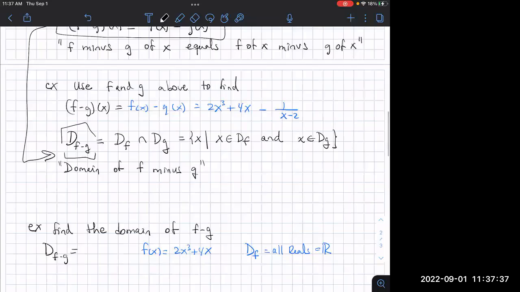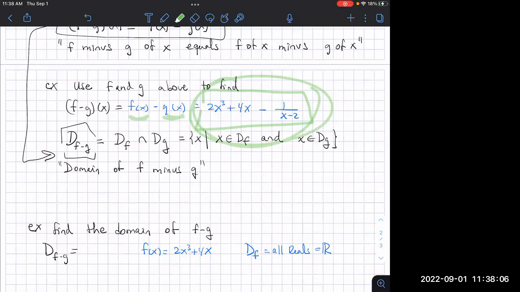So the domain of F minus G in the example is equivalent to saying, what is the domain of this function, right? Because this is the F minus G function. But instead of looking at this as a function by itself, the other way of looking at it is by saying, what's the relation, since this function comes from subtracting two functions?